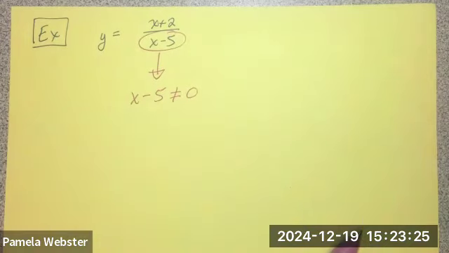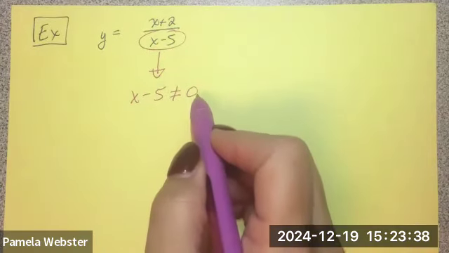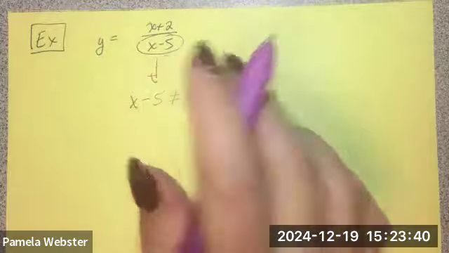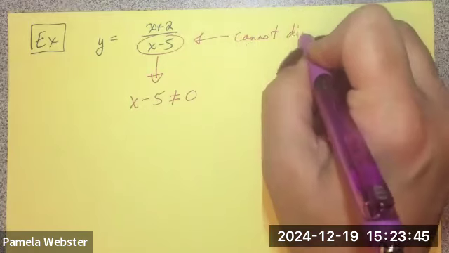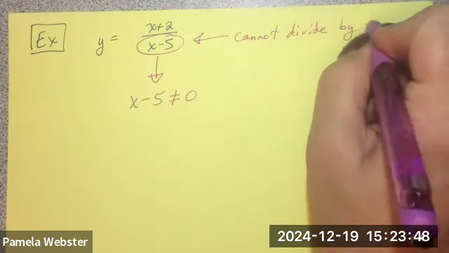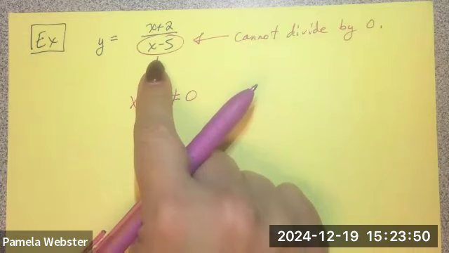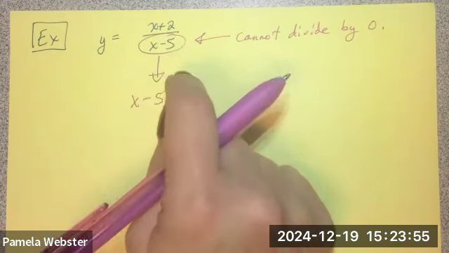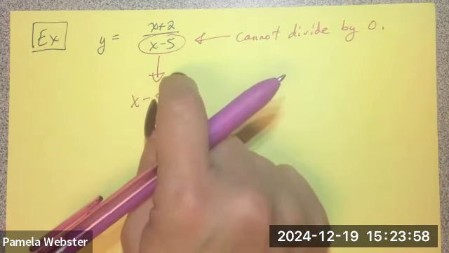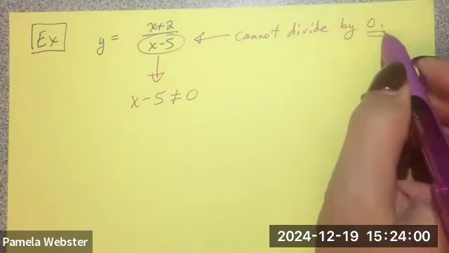I actually use "does not equal" because that will work for me in a minute when I start talking about what my domain is. X minus 5 cannot equal 0 because, again, I cannot divide by 0. You have to be careful about that because some people will say, oh, x can't be 0. Actually, x can be 0 here because 0 minus 5 would be -5 down there, and I can divide by -5. I cannot divide by 0.